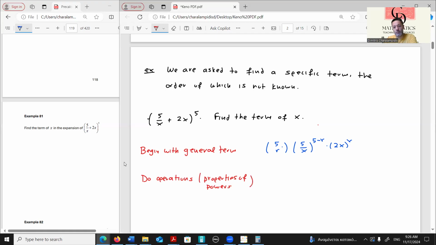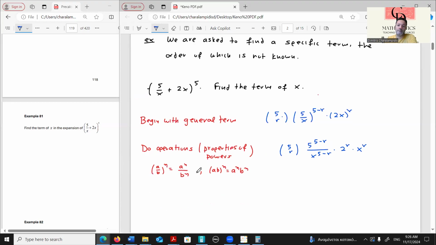Here, the two properties that will be needed are a over b to the power of n equals a to the power of n over b to the power of n, and ab to the power of n is a^n b^n. Let's apply them. 5 choose r remains as it is. 5 to the power of 5 minus r over x to the power of 5 minus r multiplied by 2 to the power of r times x to the power of r.